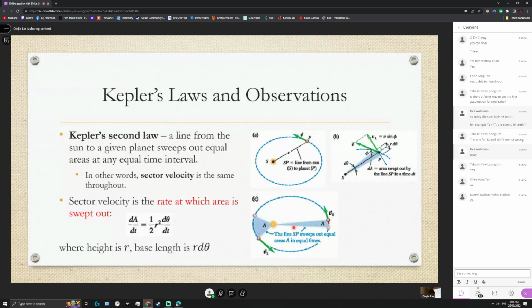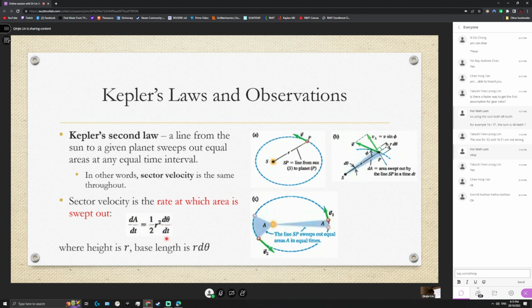So if you are here, to sweep out the same amount of area, you need to travel faster, such that this area equals this area. So sector velocity is the same throughout. Sector velocity is the rate at which area is swept out. Basically, it's the rate of change of area. It must be the same.